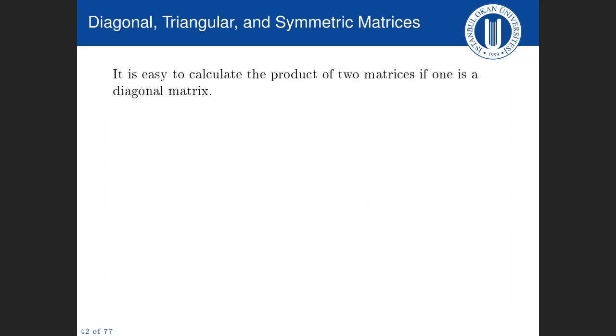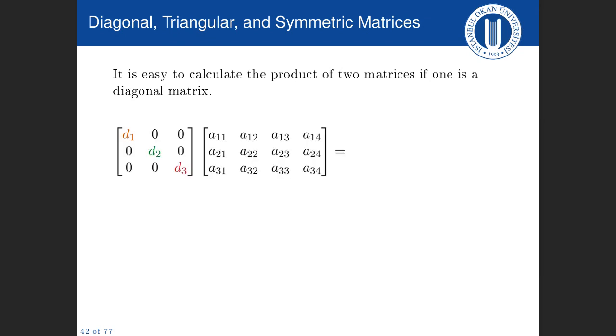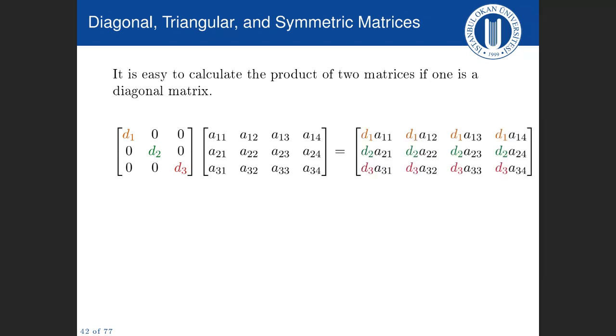Another nice property of diagonal matrices is it's easy to calculate the product of 2 matrices if one of them is a diagonal matrix. For example, let's suppose I have a 3 by 3 diagonal matrix and I want to multiply that with some 3 by 4 matrix A. Then all we're doing is multiplying the first row of A by d1, the second row by d2, and the third row by d3.